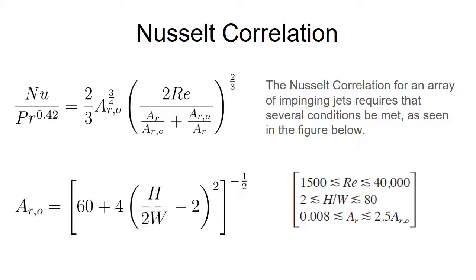Another parameter shown is the A_R naught, which has to do with the spacing and size of the nozzles. On the right are the parameters our numbers need to fall within for these assumptions to be accurate for modeling this case.